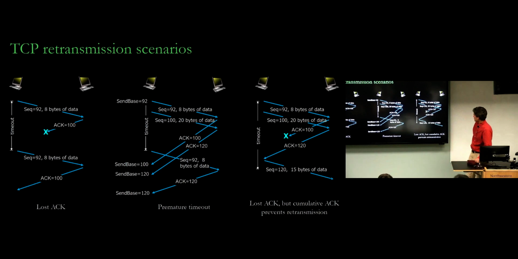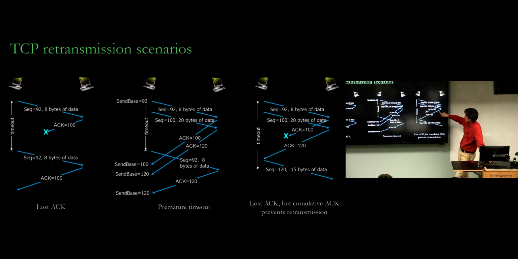This other loss scenario involves an acknowledgement that's lost. So the first acknowledgement is lost. And in this case, because cumulative acknowledgements are used, there's no problem at all. Actually, this loss causes no change, no delay, and no change in the sender or receiver.